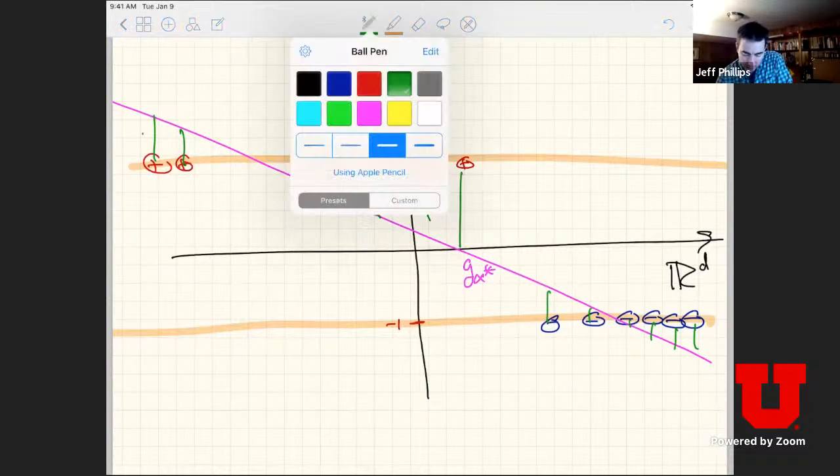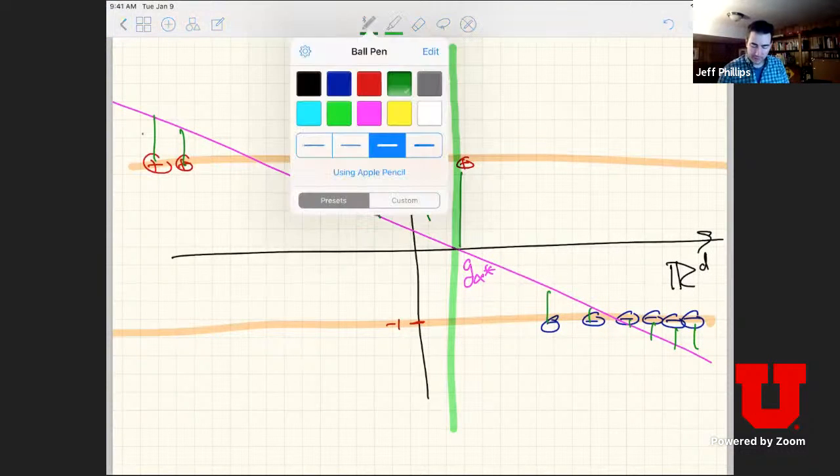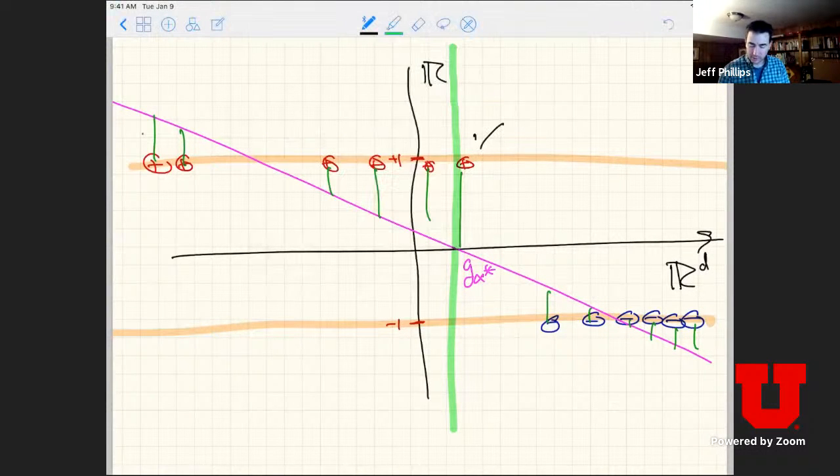But if I look at how this corresponds with a classifier, it may have misclassified this point here. Let's call this x3, and x3 is going to be equal to, let's say, +2, and you're going to have y3 equals +1.